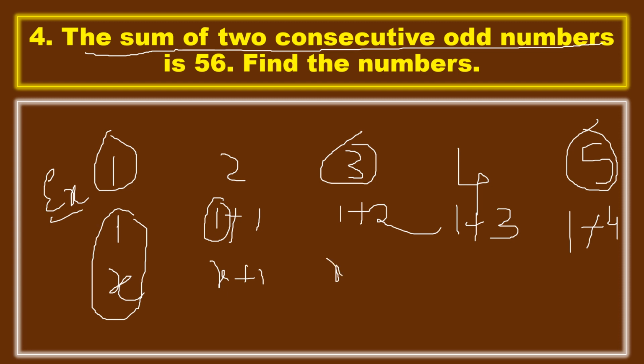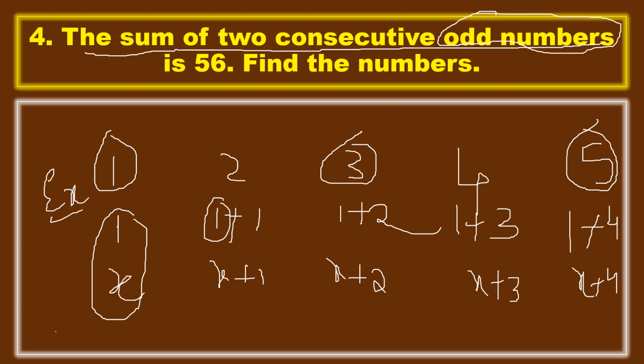Now next is x plus 2, next is x plus 3, next is x plus 4. Now I got my consecutive numbers: x plus 1, x plus 2, x plus 3 and x plus 4. Now what am I talking about here? Consecutive odd numbers.